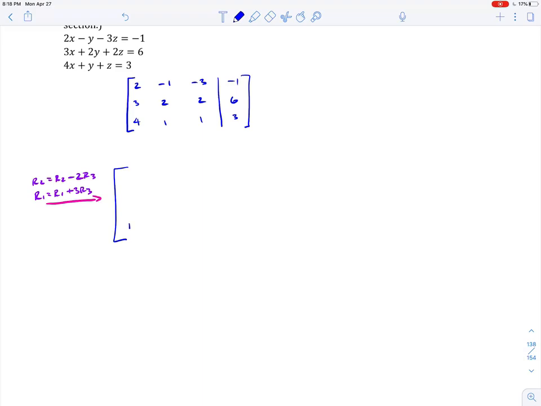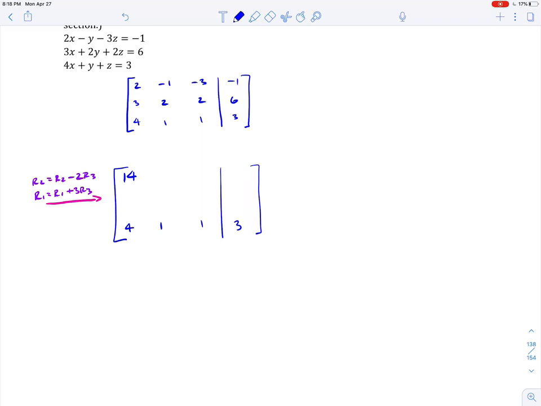I'm just going to shift this whole operation down a bit. Gotta keep this neat and tidy. So row 3, no changes. Let's do this. Row 1 is row 1 plus 3 of row 3.